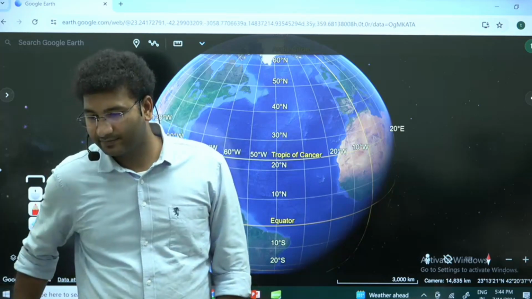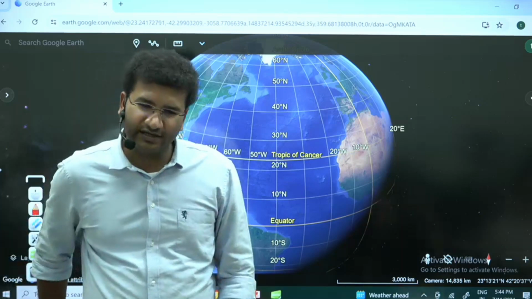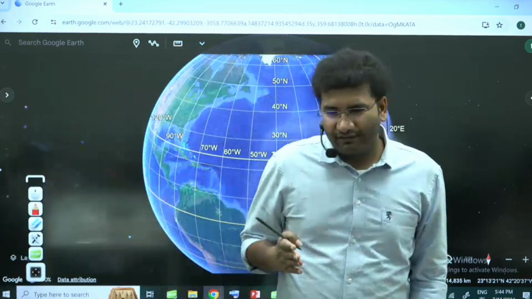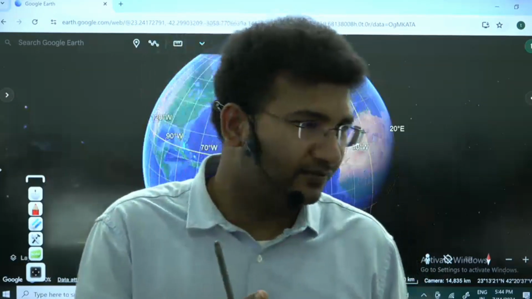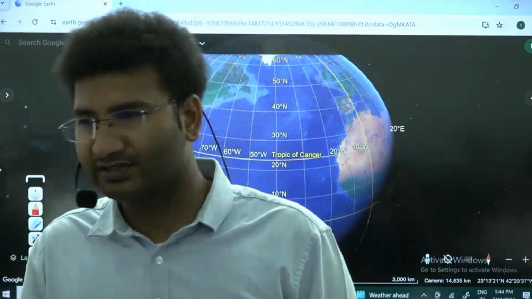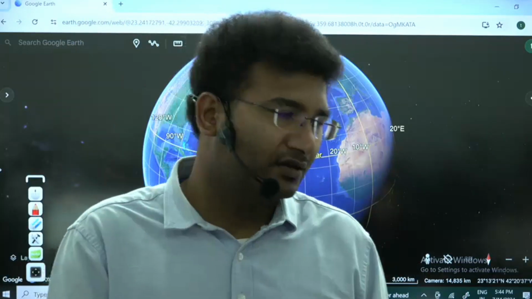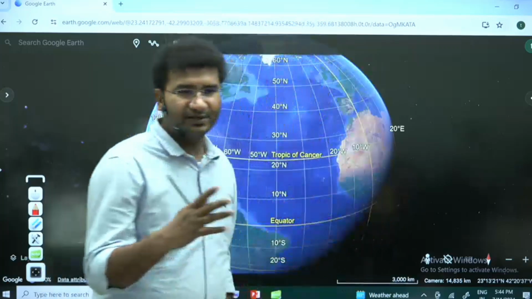These are called primary forces, and any other force is called a secondary force. For example, if the wind is moving in the northern hemisphere in a straight line, there is a force called Coriolis force. It deflects towards the right in the north and deflects towards the left in the south. So that is the reason why any moving water will experience Coriolis force.